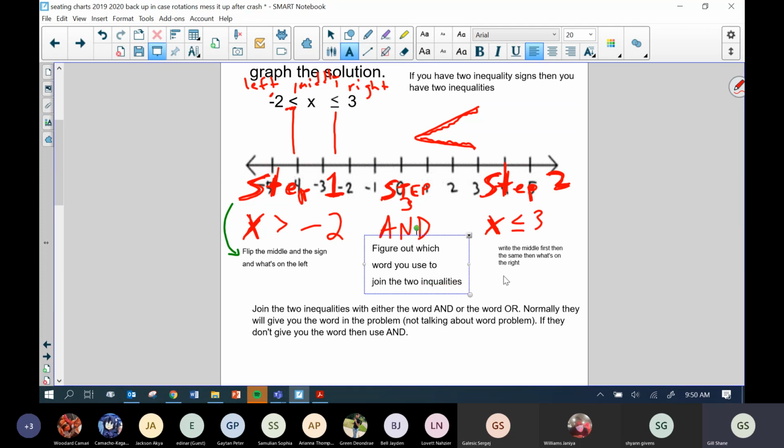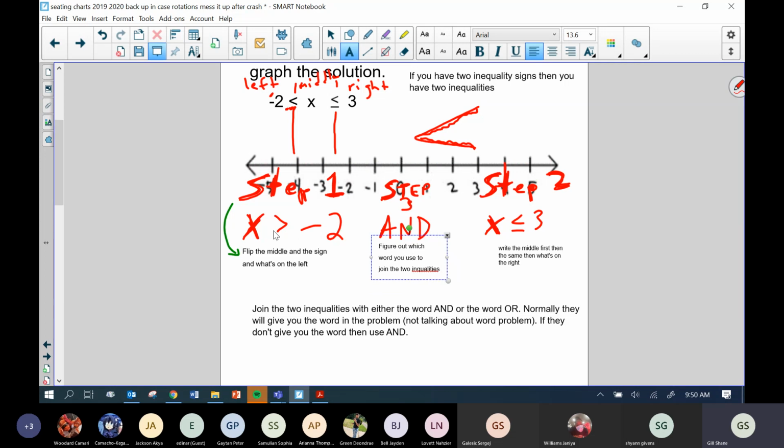There you go. So step 3, I'll make that a little bit bigger. Did that work? Nope. There we go. So step 3 is figure out which word you use.